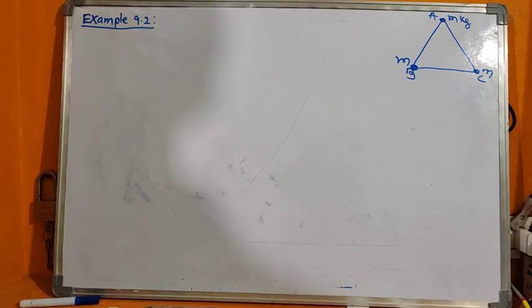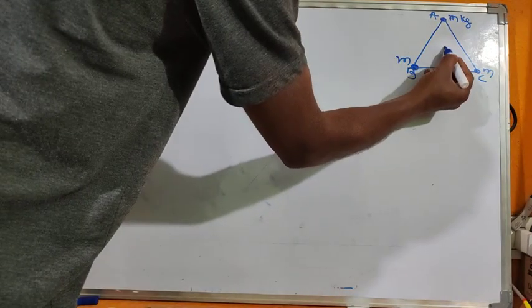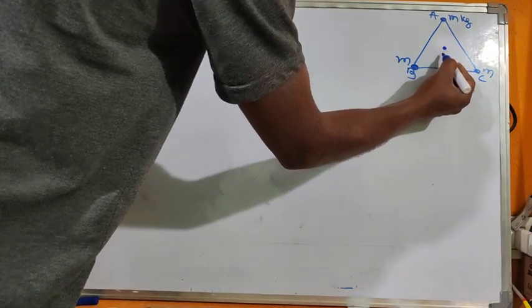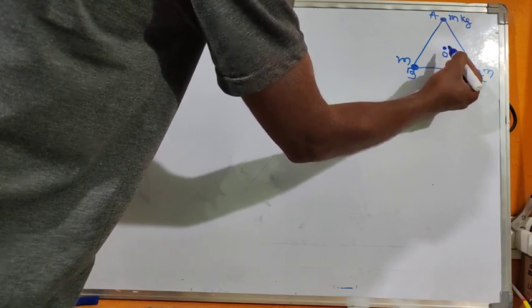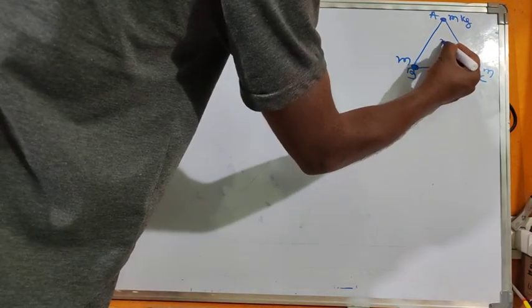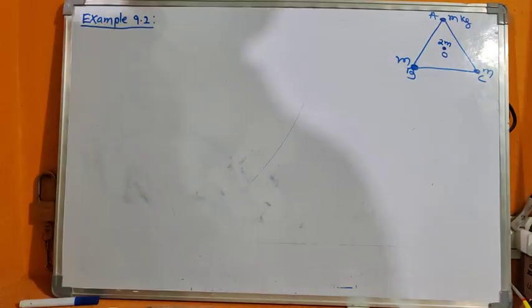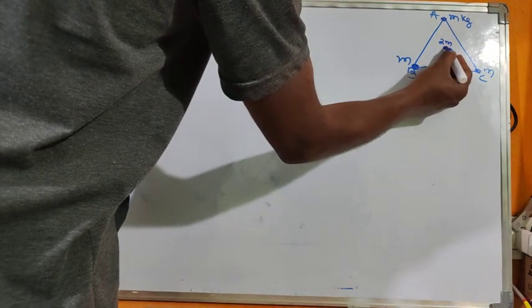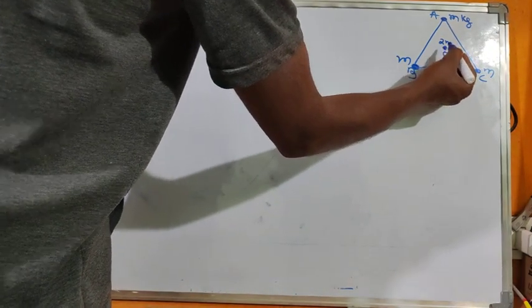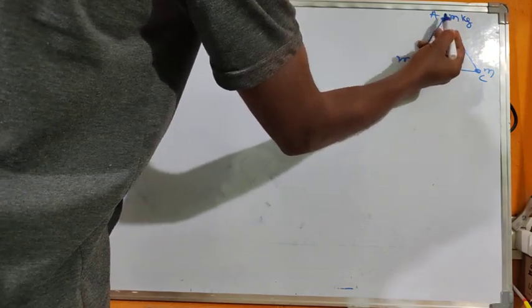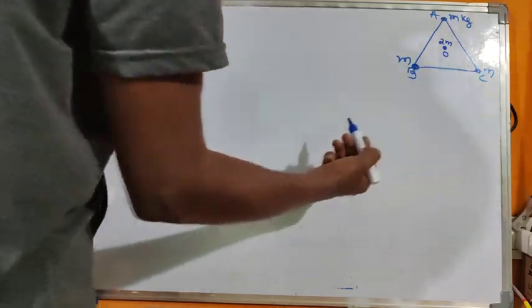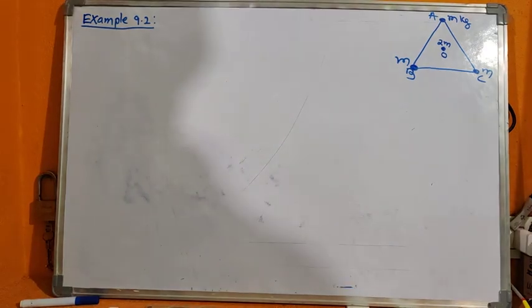And there is one more mass kept at the centroid of this equilateral triangle. It is our centroid, represented by O, and here we keep a 2m kg mass. Then on this 2m kg mass, we now have to find the force applied by A, B and C.